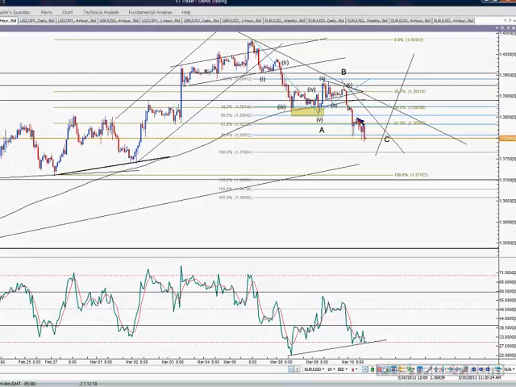However, if the market here accelerates and breaks below 1.37, I'm going to put that on hold and wait for the market to break back above this low here. Okay, so now this is why. See, A, B, C, right?